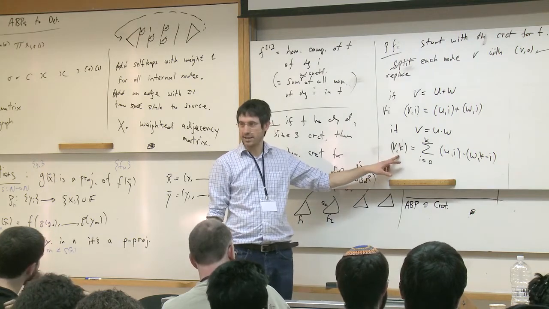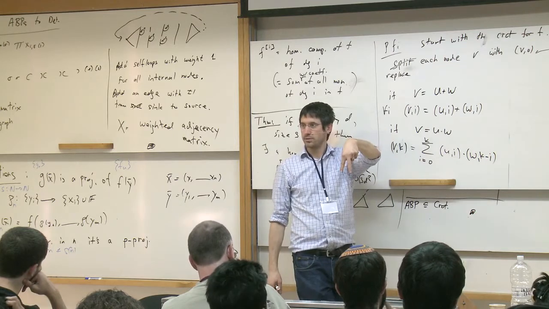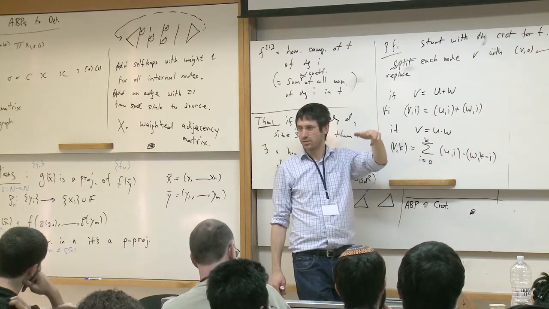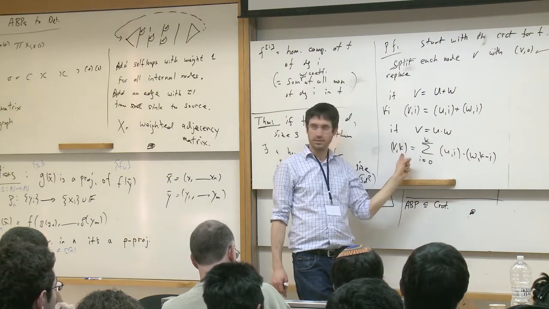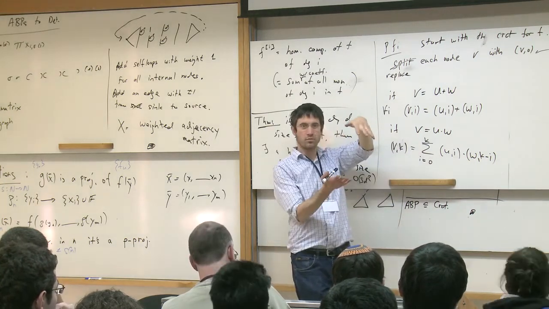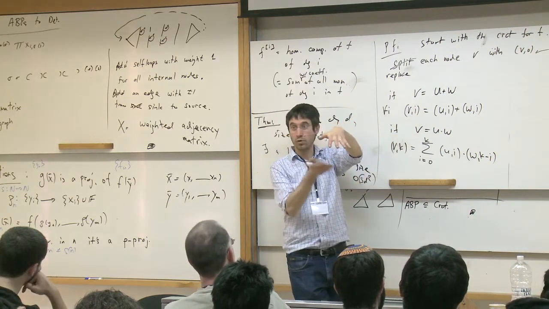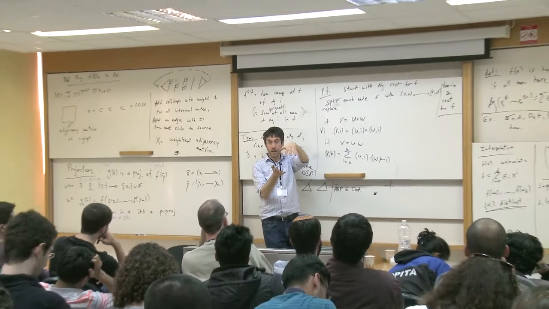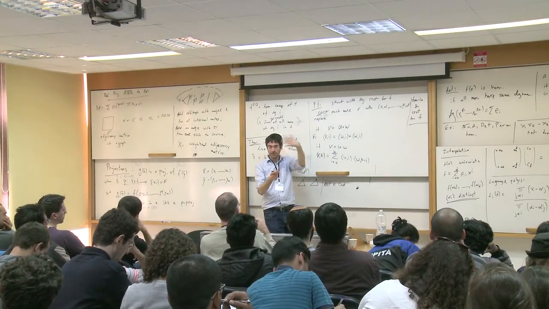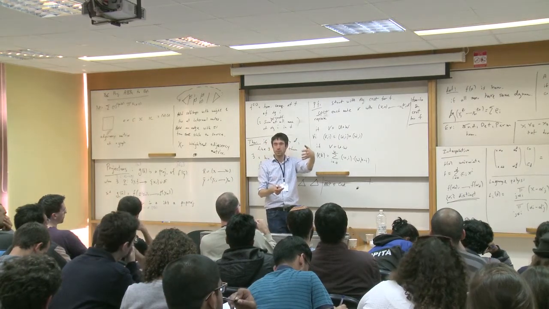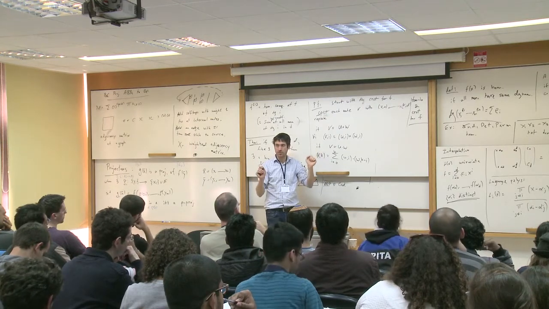So for each K, how many edges did we add? A product is two edges, and we have a sum of K things. K is at most D, so it's like O of D many edges. And we have D guys. So whenever we do this splitting, if we had a plus gate, we add O of D edges. If we had a product gate, we add O of D squared edges. So overall, if we started with S edges, we end up with at most S times D squared edges, or O of S times D squared.